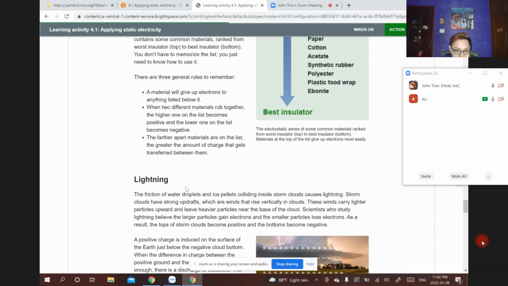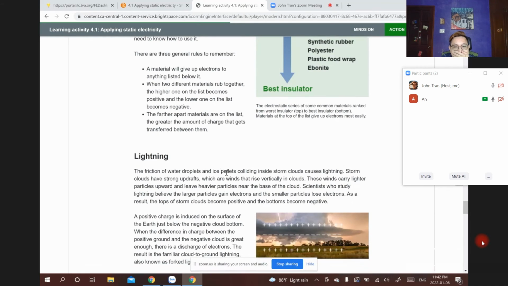Lightning. The friction of water droplets and ice pellets colliding inside a storm cloud causes lightning.